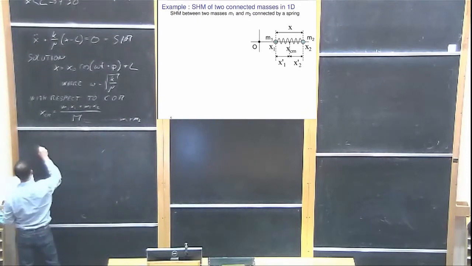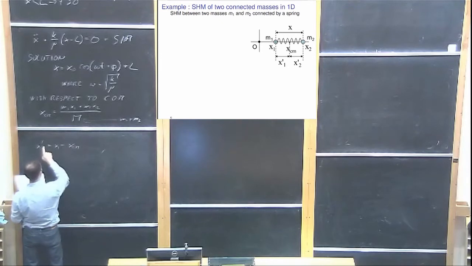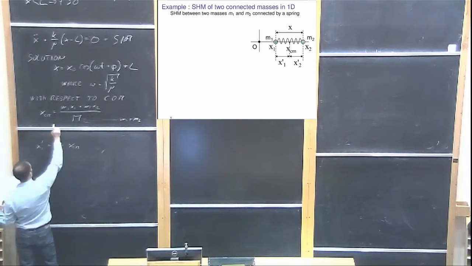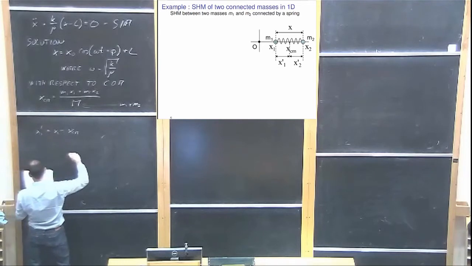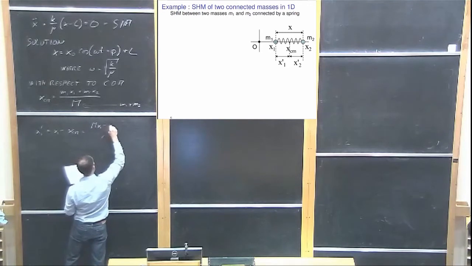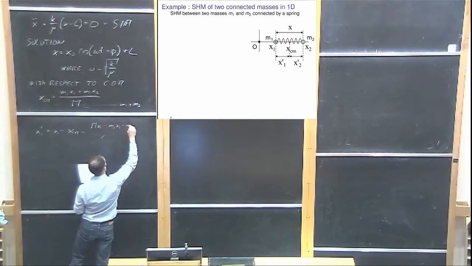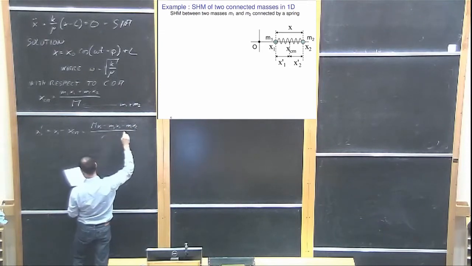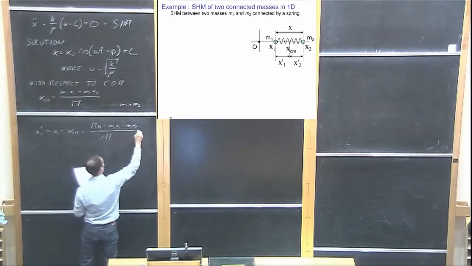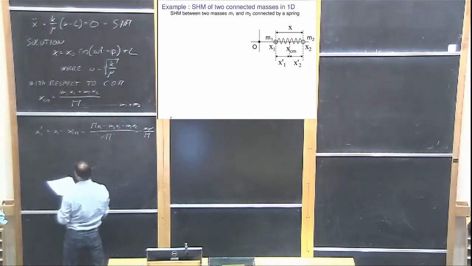Then we have x1 prime, the coordinate with respect to the center of mass. So we do a quick transformation to the center of mass: x1 prime equals x1 minus x_cm, which is (M x1 minus m1 x1 minus m2 x2) over M. That's minus m2 x over M.